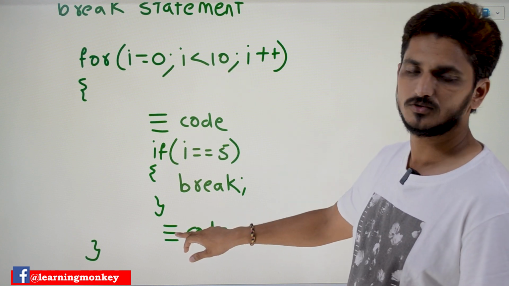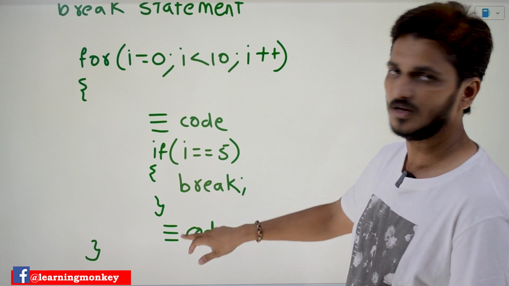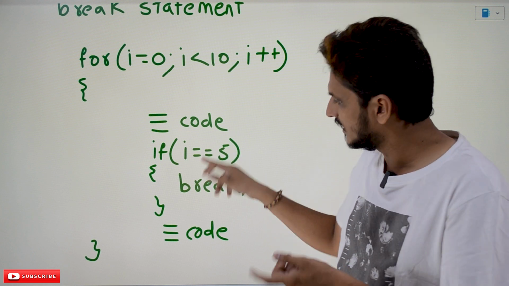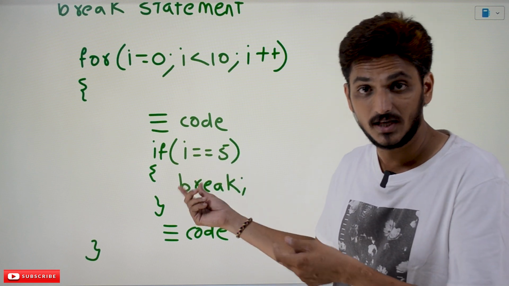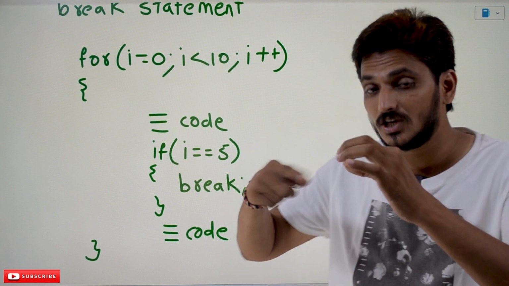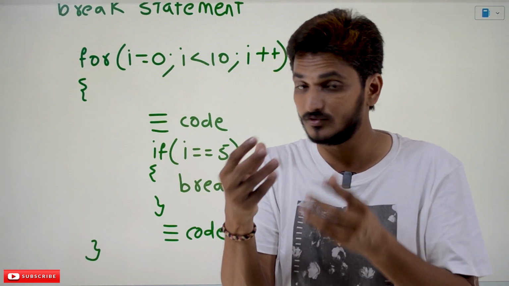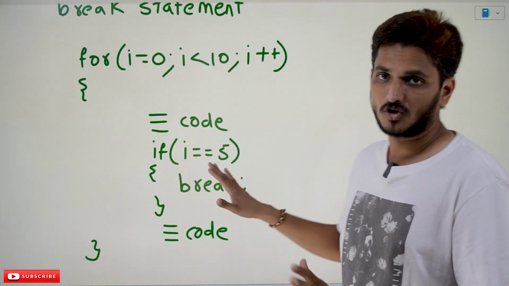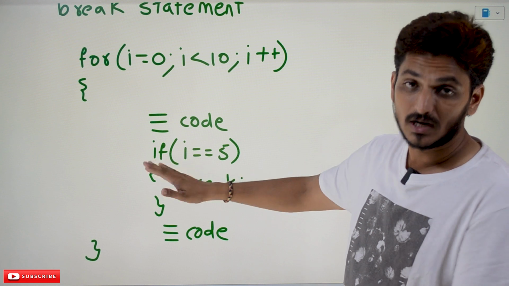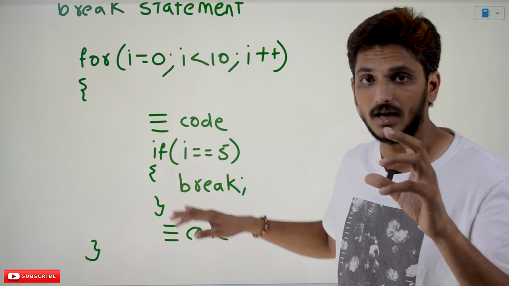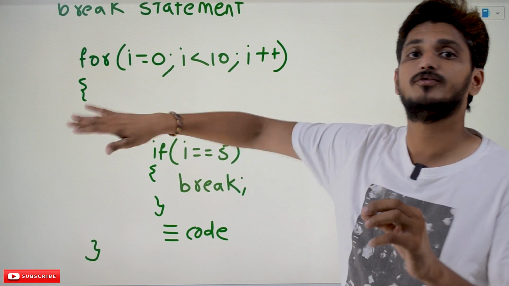But if i is equal to 5, it is going inside the if condition, and here we have written the break statement. So whenever the execution encounters the break statement, it will stop executing this loop, it will come out of this loop. Understand it properly.